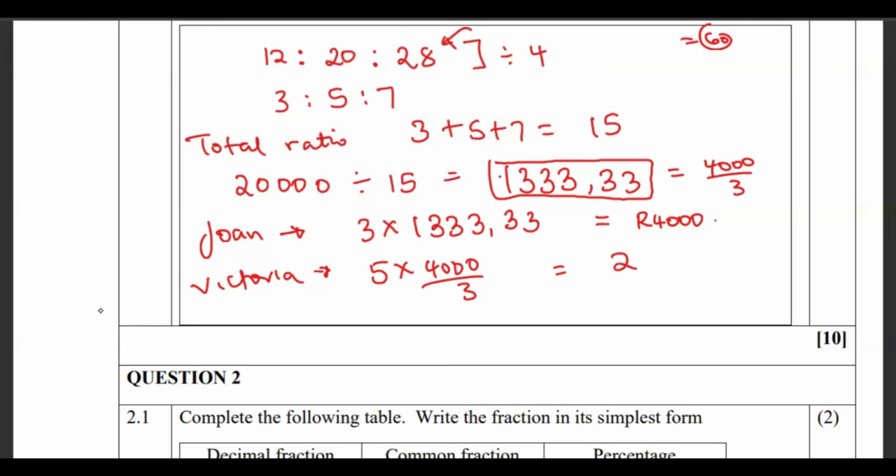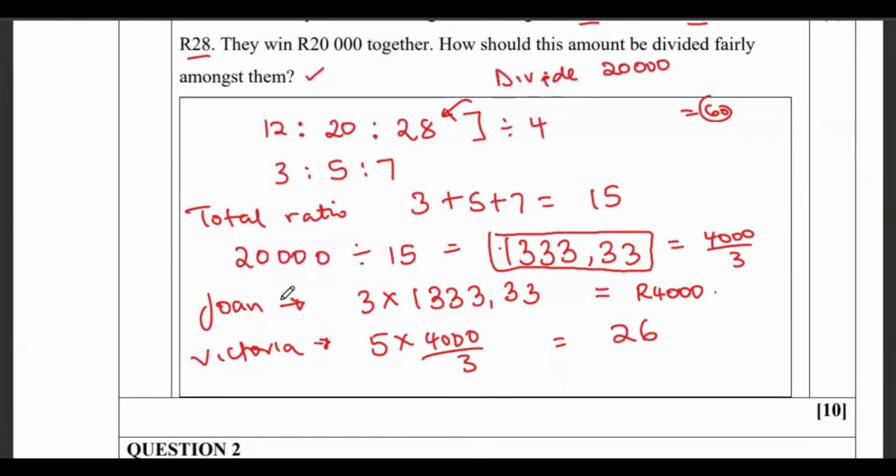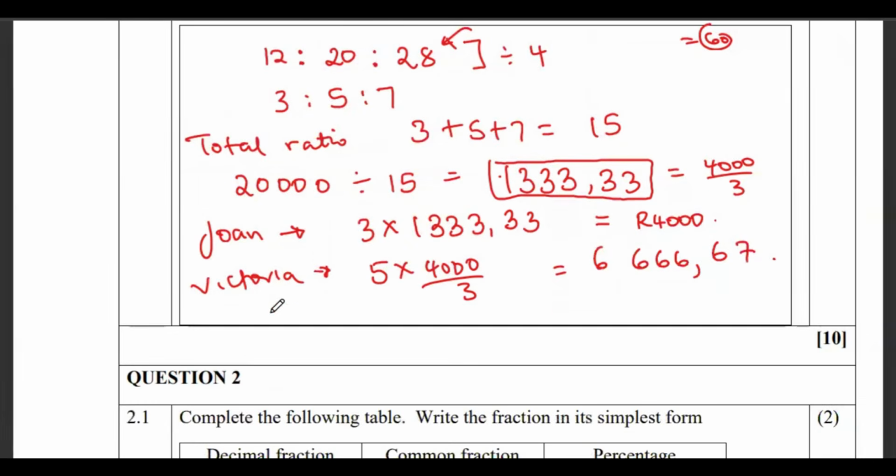Nope, something is not making sense, because it's a 5. Why am I not using 20? So it's 6,666.666, which is 6,666.67. And then lastly, we had Fezile.